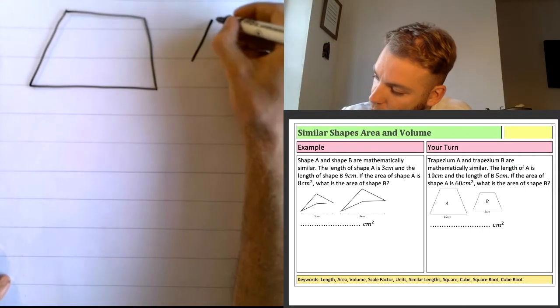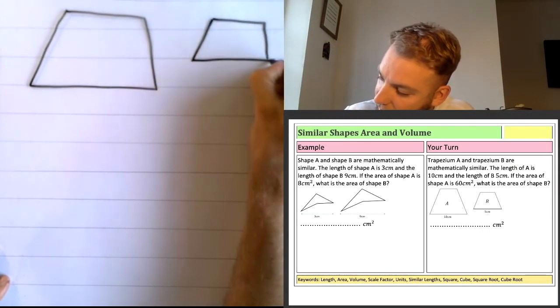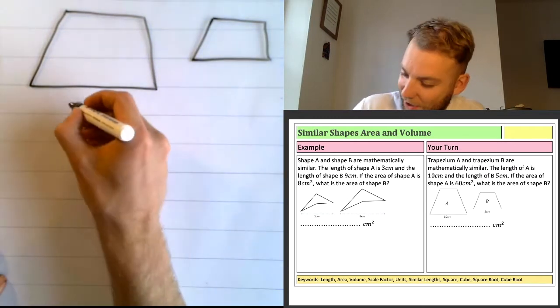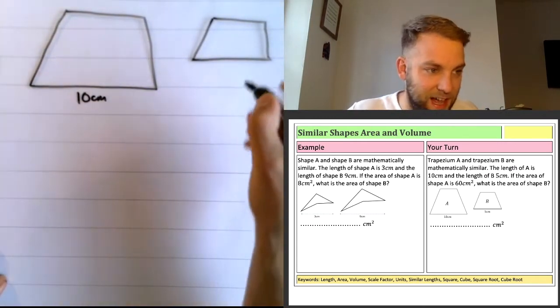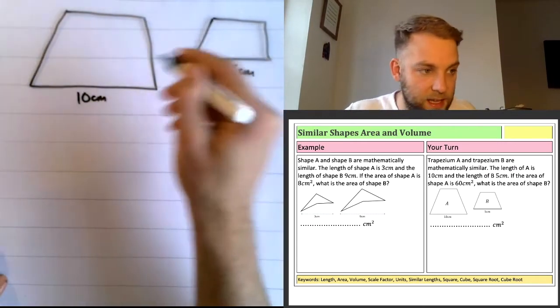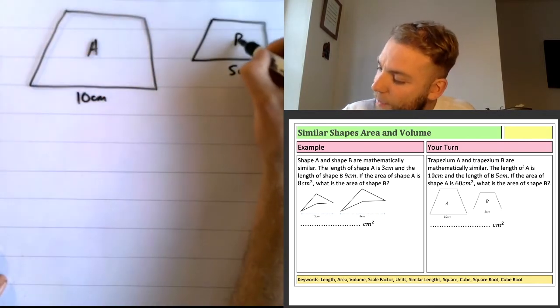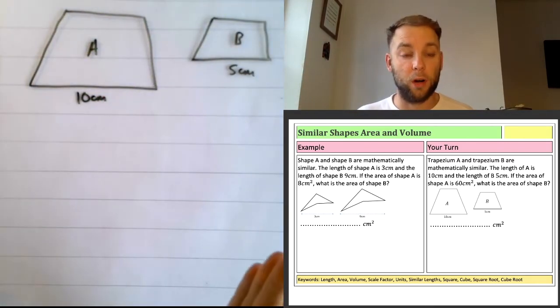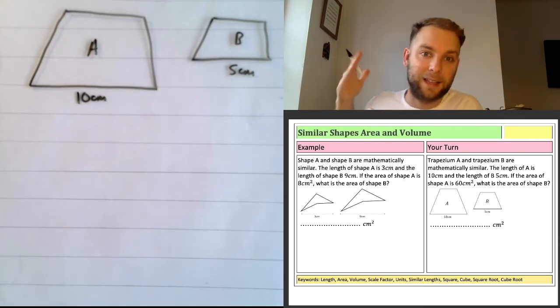So this time I've got 2 trapeziums. I've got 10 centimeters there, and I've got 5 centimeters here. Now the thing that's a little bit tricky with this one is I'm going from larger to smaller, so I'm going to have to divide by that scale factor.